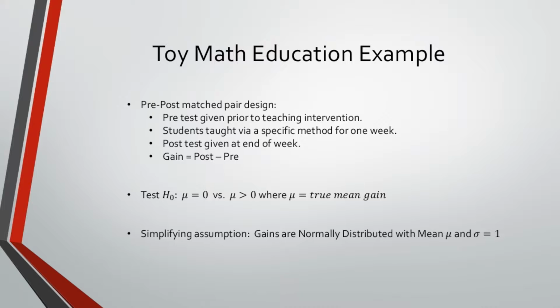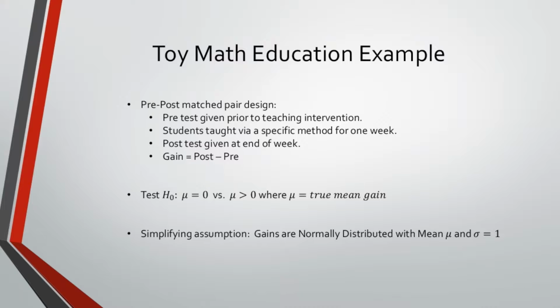All right, so we're going to do a pre-post matched pair design. Prior to giving a teacher intervention, where we teach some students something, we give them a pre-test. Then we teach them about that content, and then we give them a post-test. So a typical pre-post design, and it's a matched pair design.